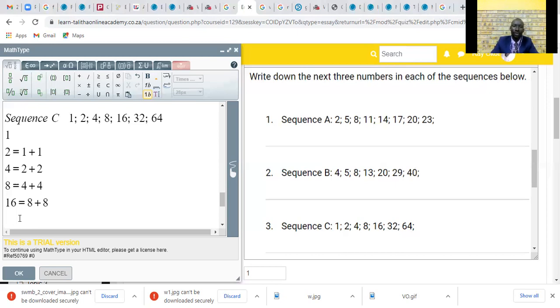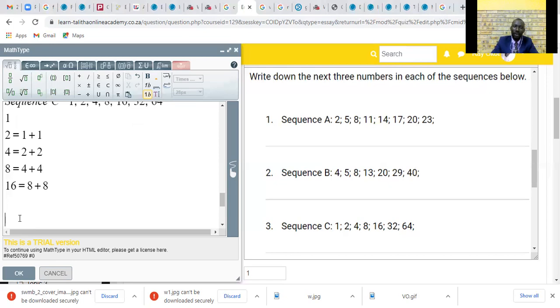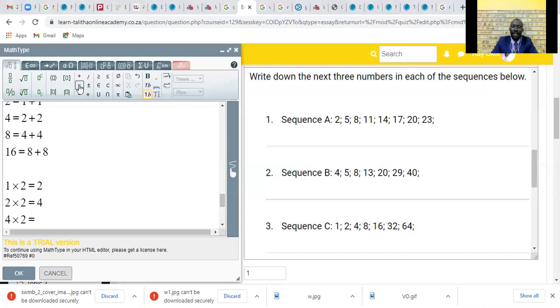By 2. So that would give us 1 times 2 to get 2. Then 2 times 2 to get 4. Then 4 times 2 to get 8.